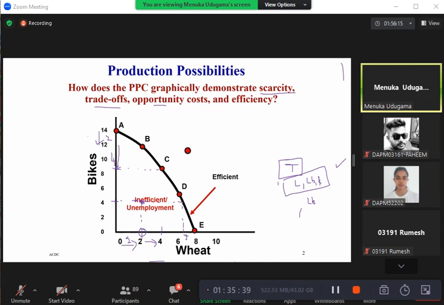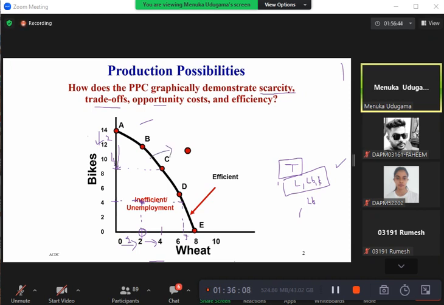And this is an efficient point, we know that. And if you take a point above the efficient curve, can you achieve that? Given the technology and the resources, we cannot achieve that point. But if you relax these assumptions, or if you increase the technology or the amount of labor, you will be able to push this curve up, right?